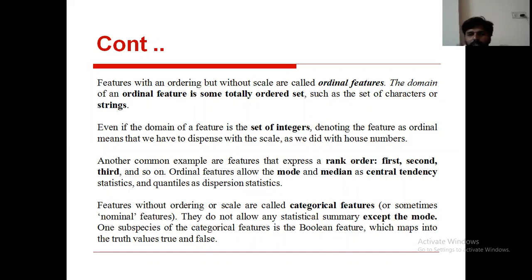Except mode, it allows all the calculations, right? And one subspecies of a categorical feature is the Boolean feature, which we already know maps into the truth values like true and false.